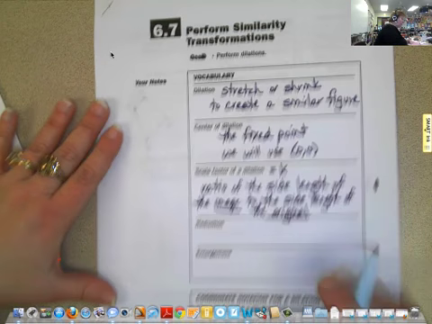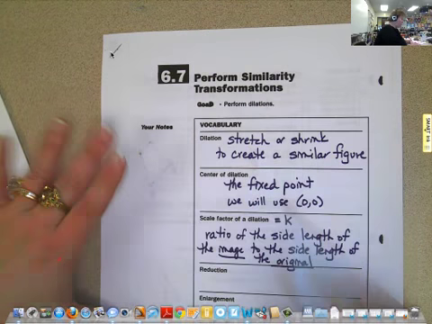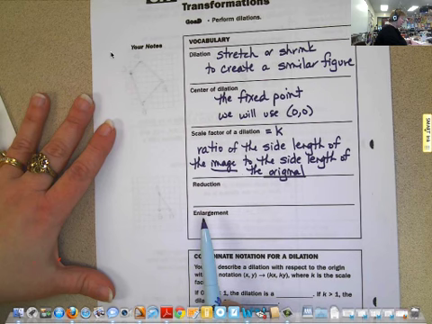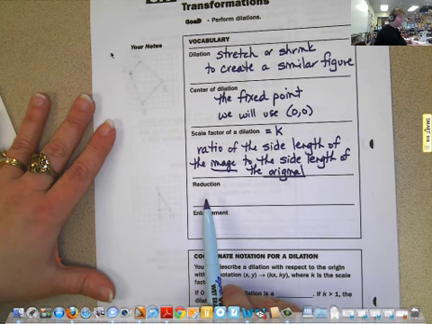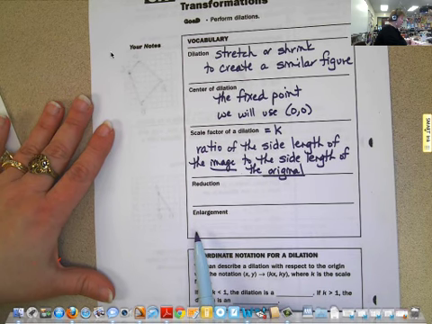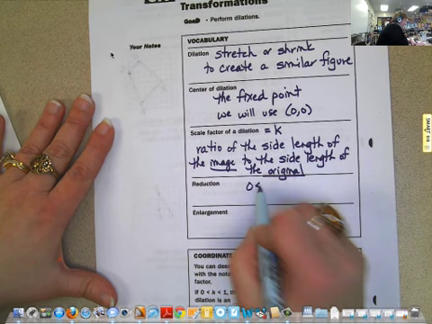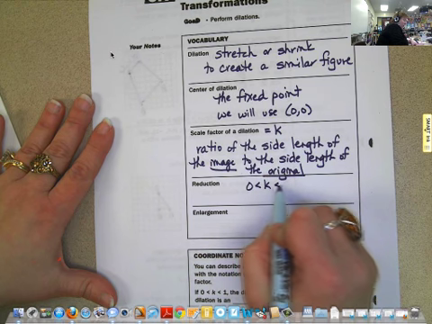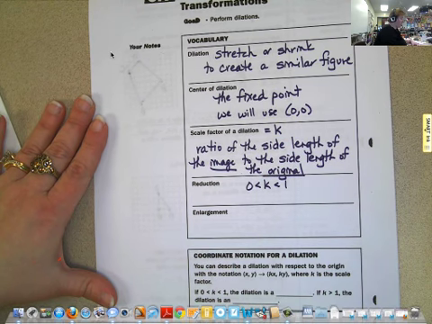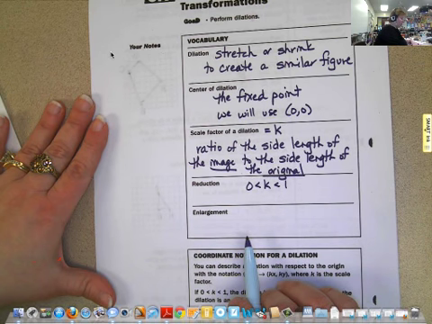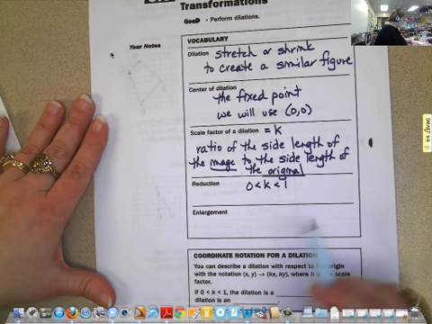Now, the dilation can be bigger or smaller, and so within dilations sometimes your images are going to get smaller, and that's a reduction, and sometimes your images are going to get larger, and that's an enlargement. So one way to know ahead of time is that if the scale factor is between 0 and 1, and we won't be dealing with any negatives anyway, you're going to have a reduction.